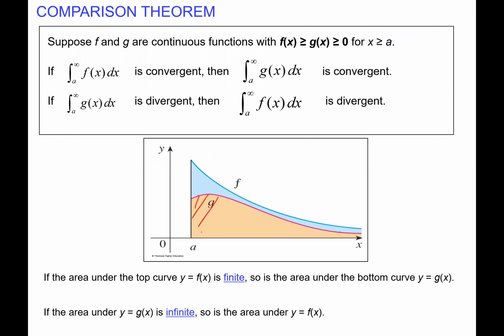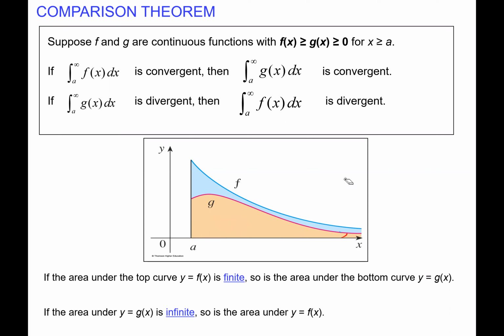That means this improper integral, that area, exists as a finite number. Let's say 10. If something is bigger, I don't know. Bigger means it could be infinity, could be divergent. That means I can't compare. If g of x is convergent, I have no information about f of x.